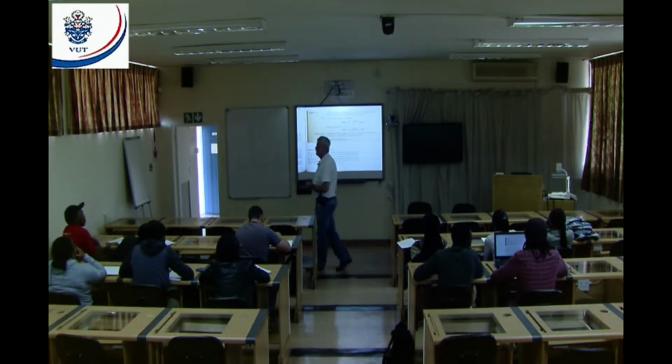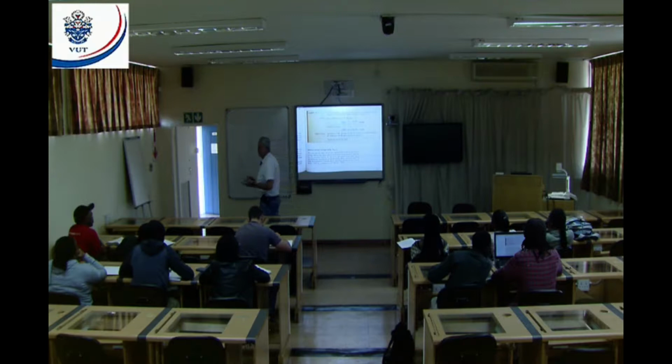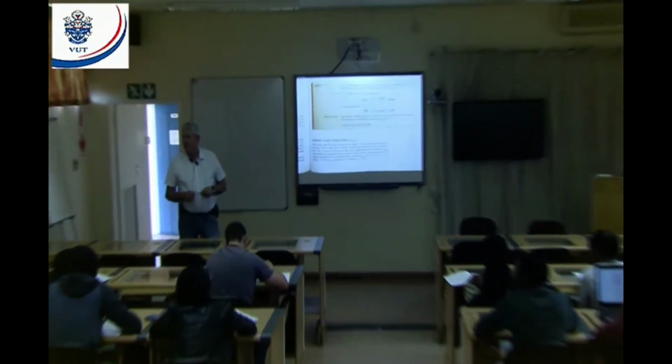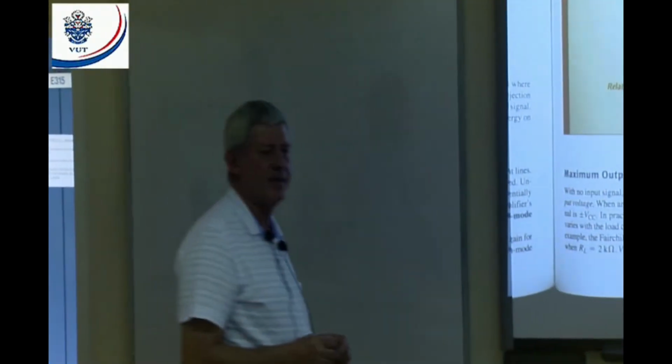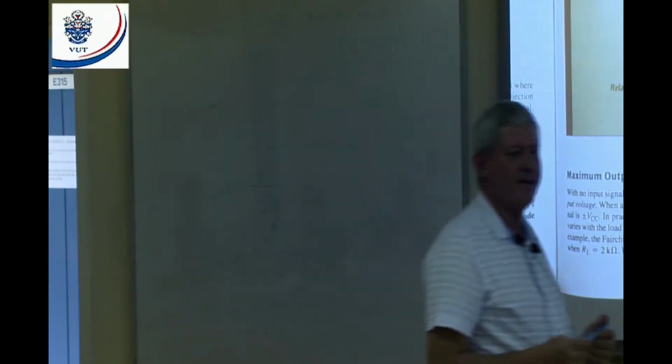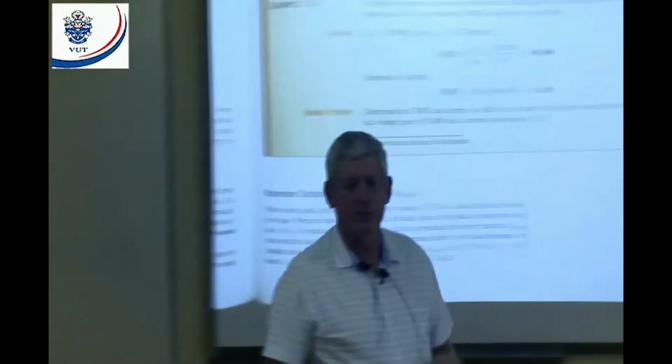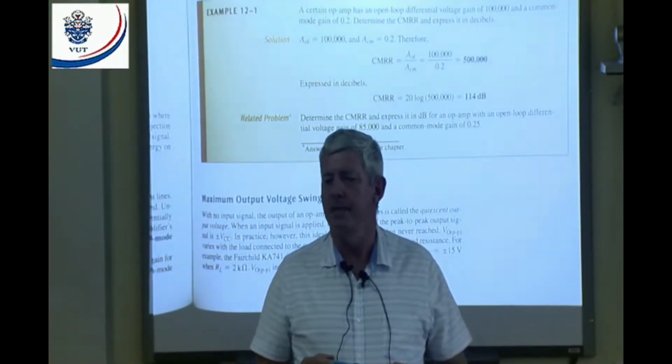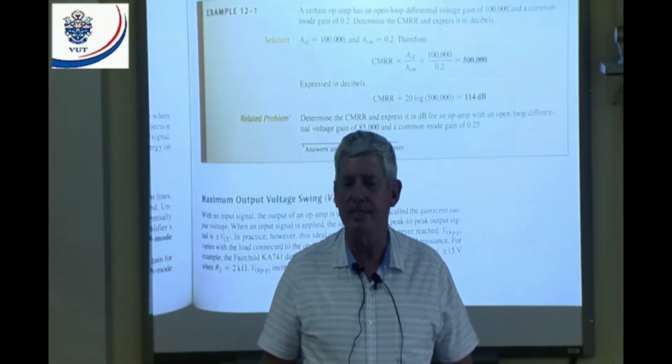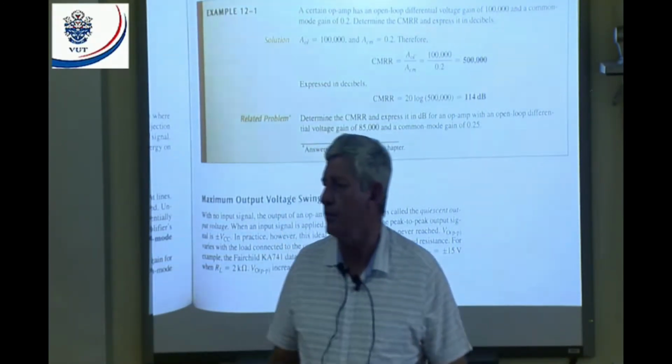What determines the maximum output of an op-amp? The input? Yes, sir. Wrong, sir. The maximum output will be determined by the supply. That means the supply voltage will determine your maximum output.